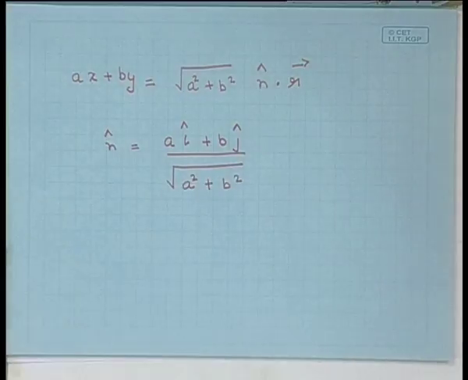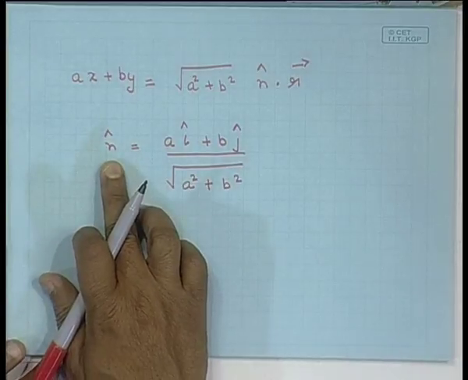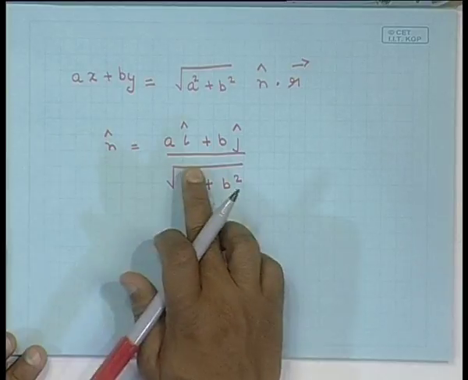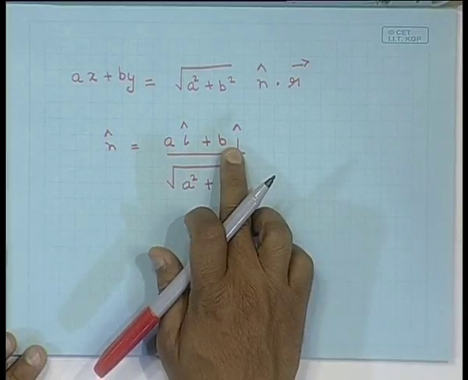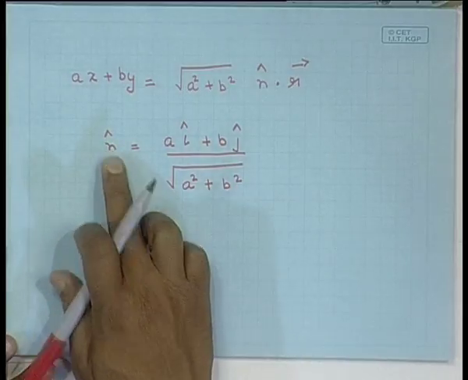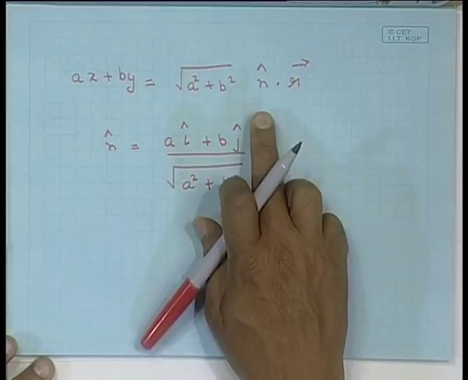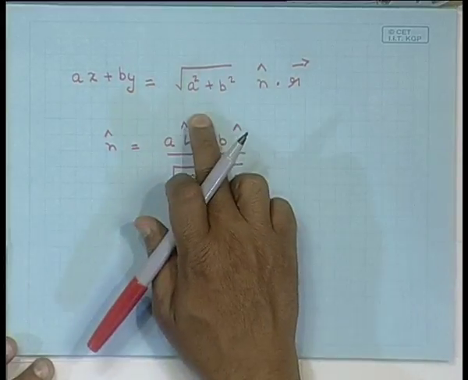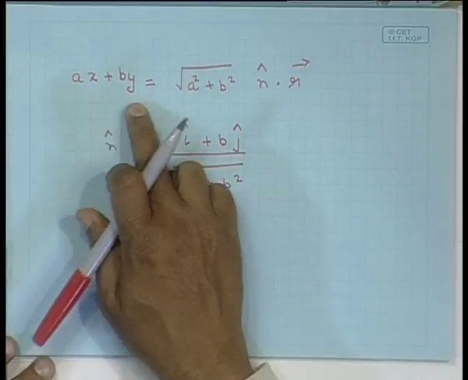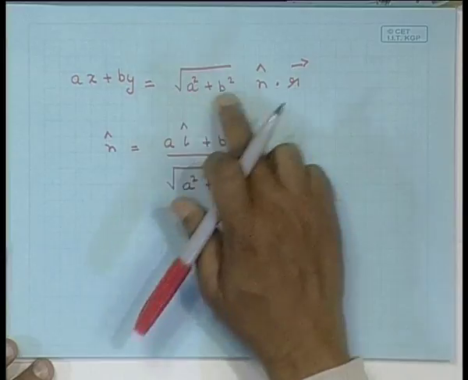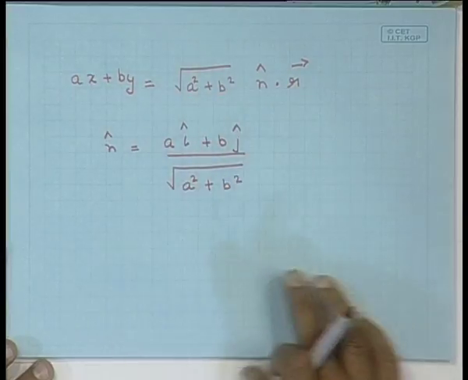It is quite straightforward to check that this is a unit vector, because if I take the length of this, n dot n, I will get a square plus b square divided by a square plus b square, which is 1. So, this is indeed a unit vector, and n dot r into this number is indeed equal to this. So, we have been able to write this as a number into a unit vector dot r.